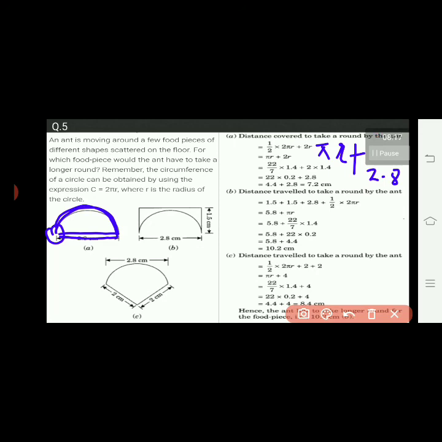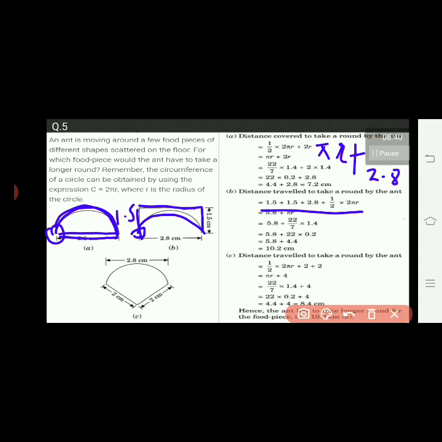Similarly for the second part, if you see that I start from here, then this is 1.5, so this also becomes 1.5. It goes 1.5 plus 2.8 plus 1.5 and plus the perimeter of the semicircular region. See, 1.5 plus 2.8 plus 1/2 into 2πr. Here it is coming 10.2 centimeter.